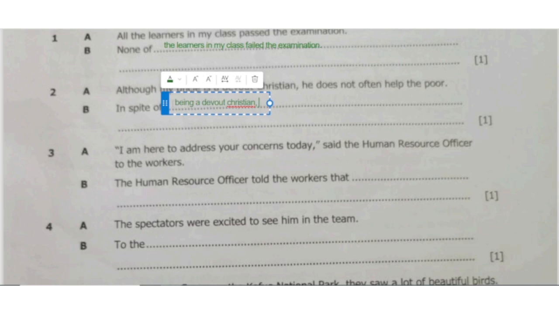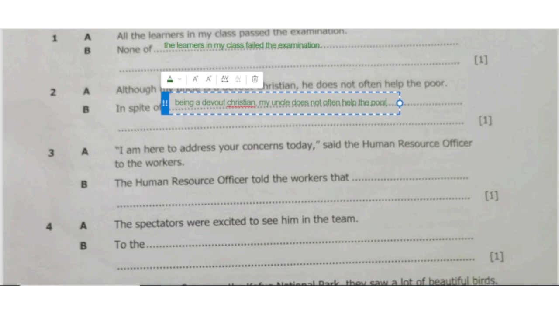Okay, then we start, my uncle does not help, does not, okay, there is the word often here, does not often help the poor.